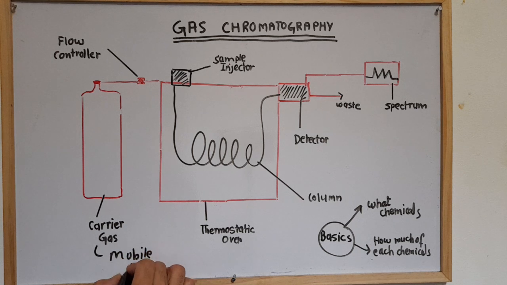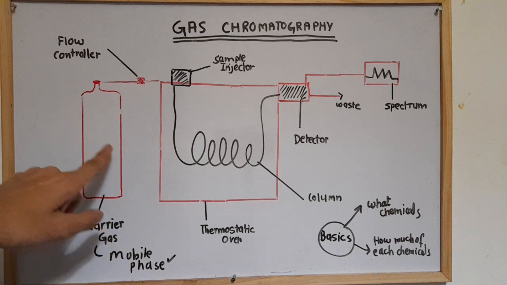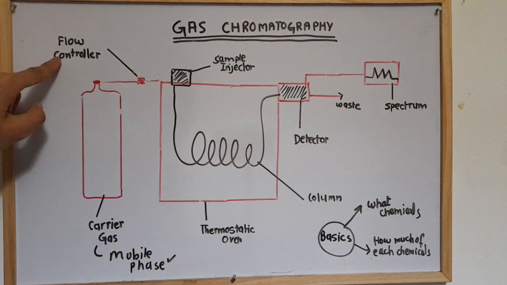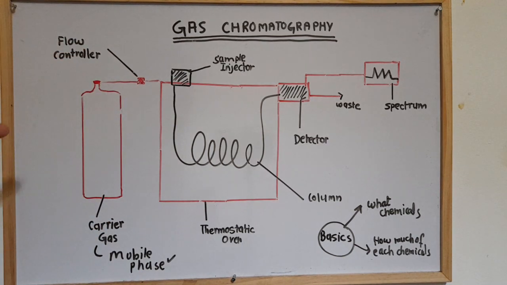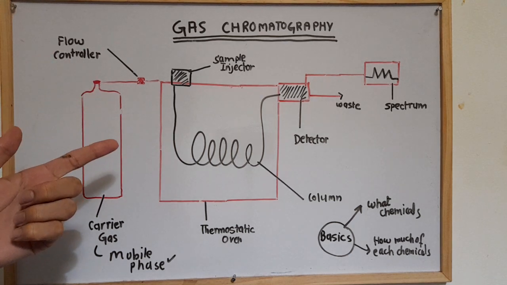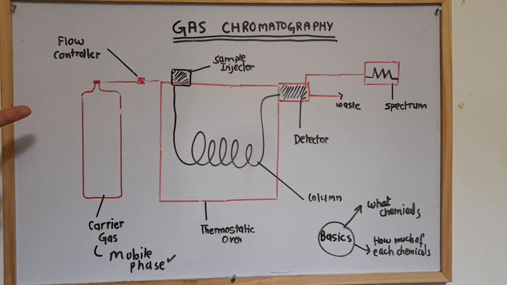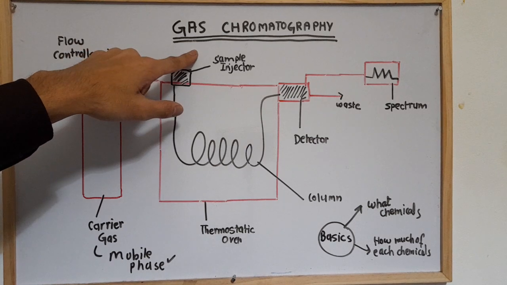The carrier gas has a flow control. We will select the flow, and the flow rate to use should be mentioned in the specification. Then there is our sample injector.